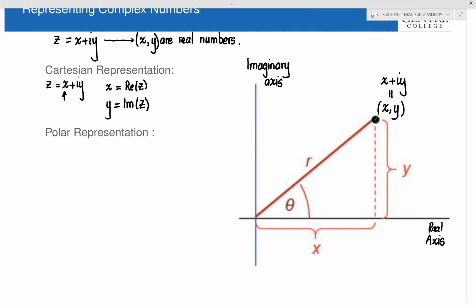If you remember, we specify r, theta, where r is the distance from the origin to the point in question, and theta is the angle this line makes with the polar axis, which in this case is the real axis. The relation between x, y, and r, theta is given by the following two equations: x is r cosine theta, and y is r sine theta.